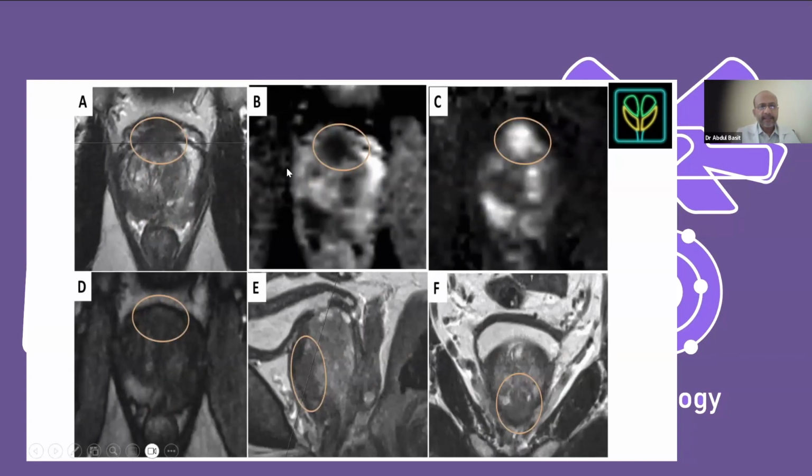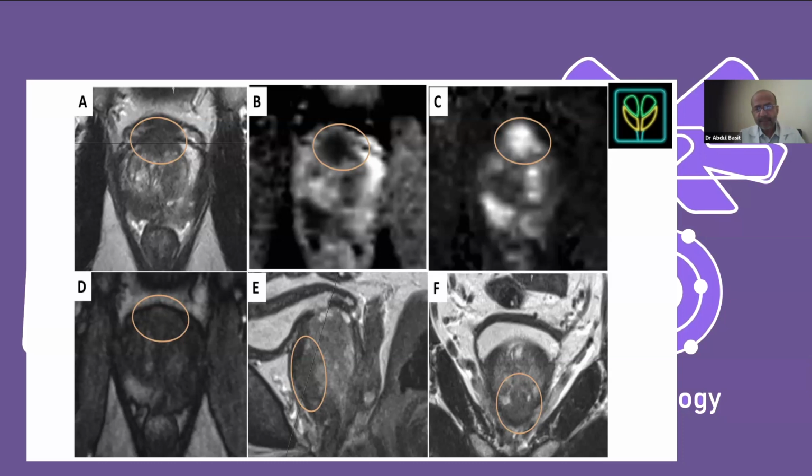This is another example of a lesion which is seen in the anterior part of the prostate involving the anterior fibromuscular stroma, showing definite abnormality on the functional sequences on diffusion and ADC. And since this is very much clear, this also is labeled as a category 5 lesion because the size is greater than 15 millimeter.